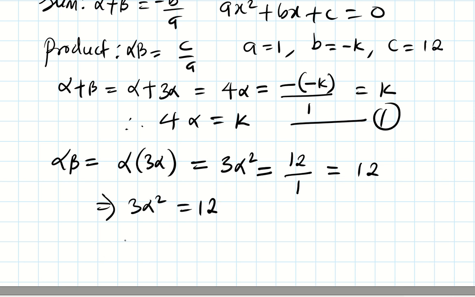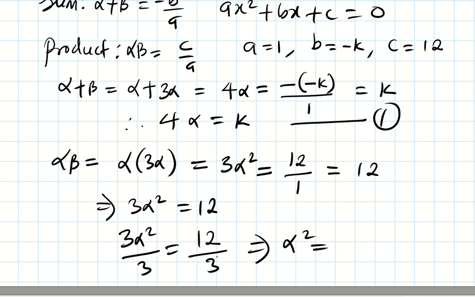With this, we can find the value of alpha by dividing both sides by 3 and taking the square root. So we have 3 alpha squared over 3 equals 12 over 3. This implies that alpha squared equals 4.